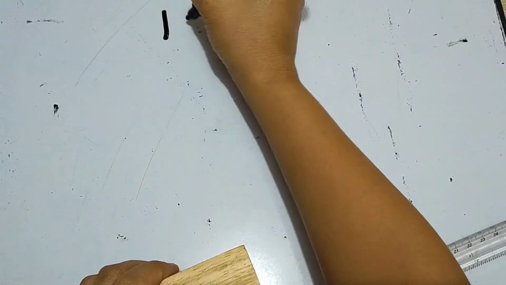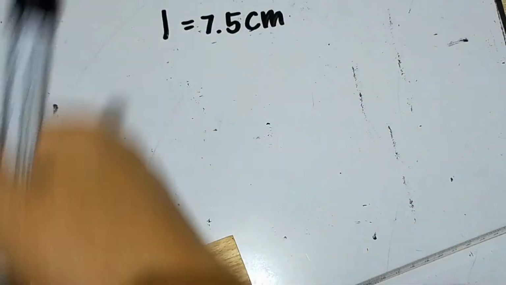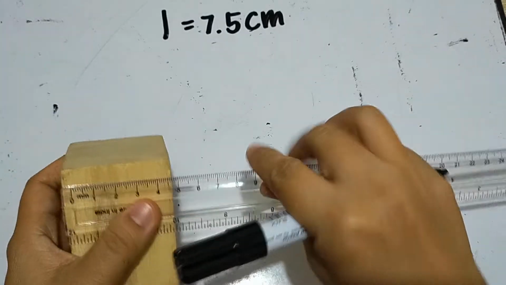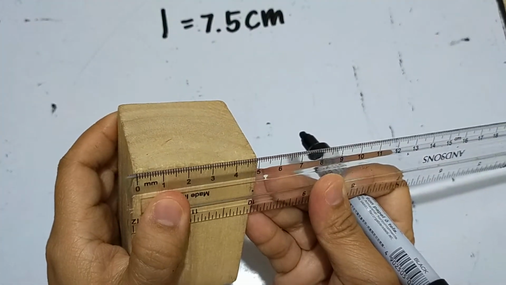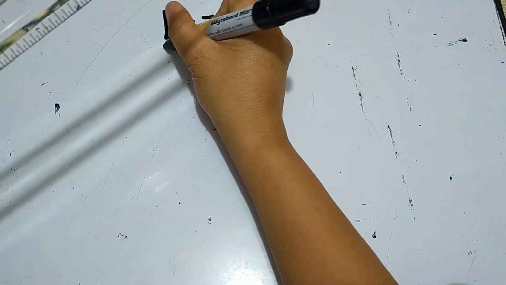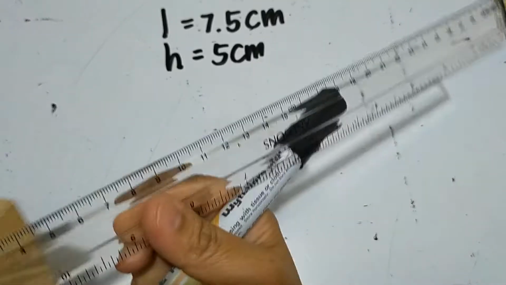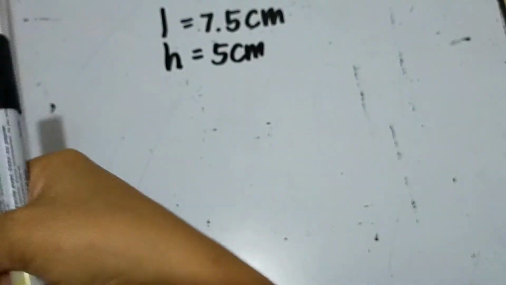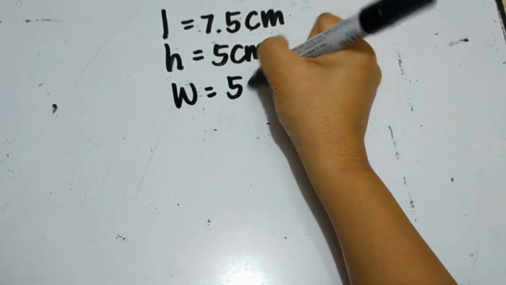So, length equals 7.5 centimeters. And then, yung kanyang height, 5 centimeters. And then, yung width niya, kaparehas lang ng height, 5 centimeters din.